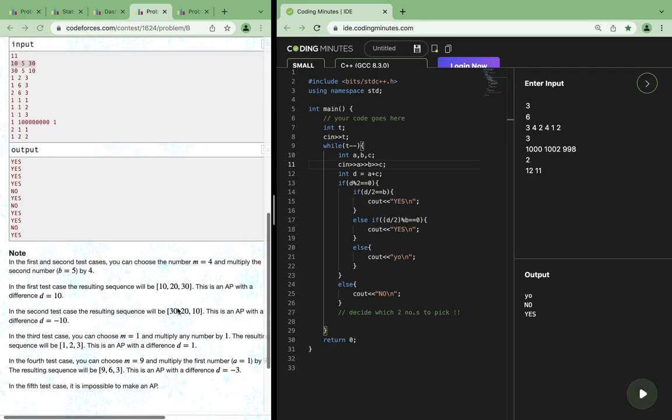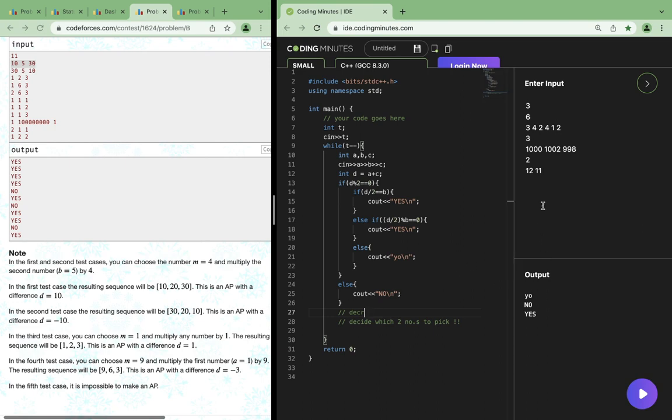First test case, the resulting sequence is this. Second test case, resulting sequence can be 3 2. So it can be a decreasing AP. So decreasing AP is allowed. That's good.